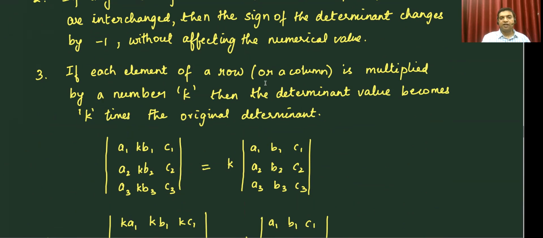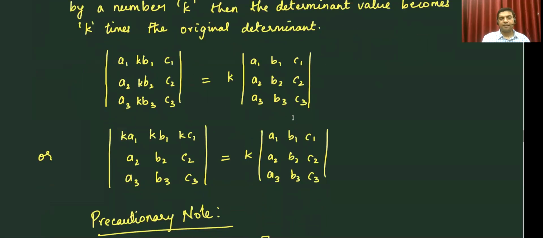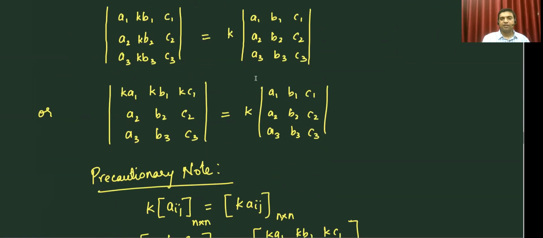Now, if each row or column is multiplied by a number k, then the determinant value becomes k times the original determinant. So in other words, when you multiply a determinant with a number k, that number gets multiplied with any one row or one column of the determinant.